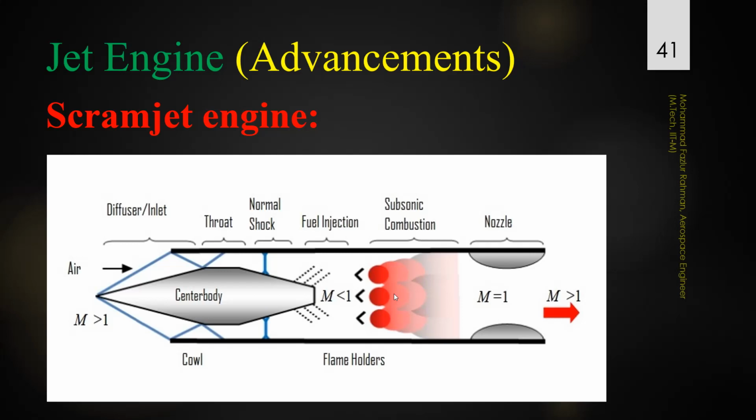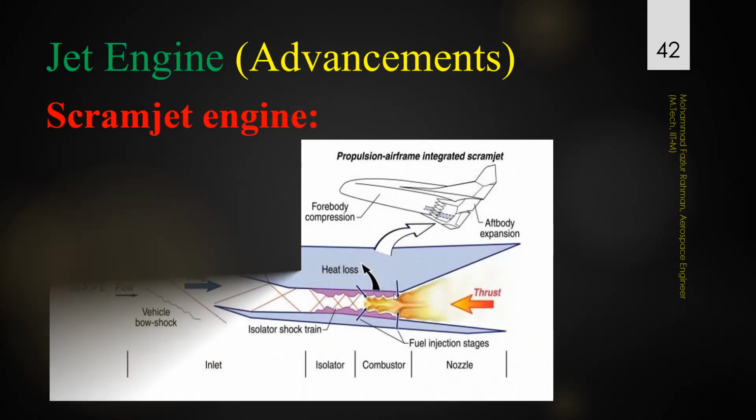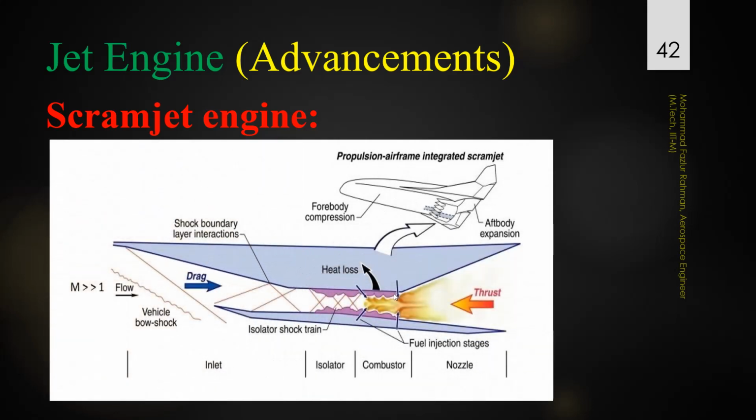So a new concept was developed, the scramjet engine. The name itself tells us it is the supersonic combustion ramjet. It works like a ramjet, but the combustion is at supersonic speed, and this is required because we want to go into the hypersonic era. The supersonic era is almost over, and I believe that aerospace is the future of humanity.